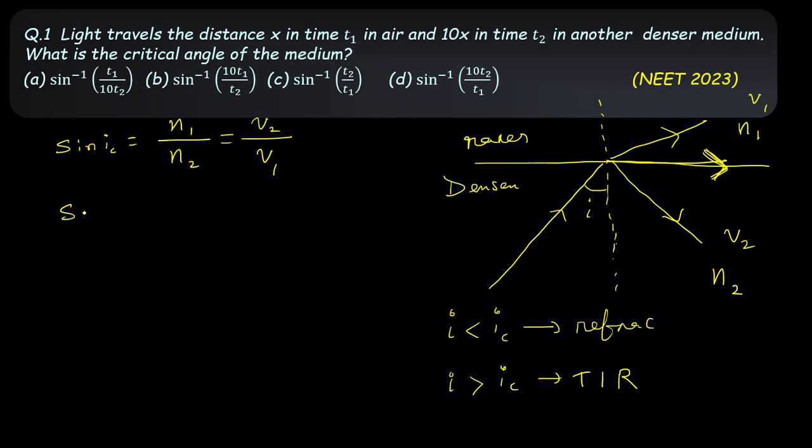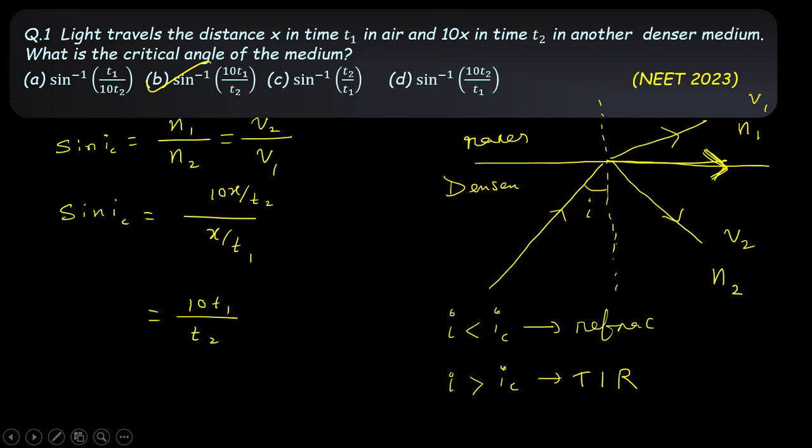So through velocity we can find the critical angle. Velocity is distance divided by time, and thereby we get the critical angle to be sine inverse of t1 by t2. Option B is the correct one. So let's move on.